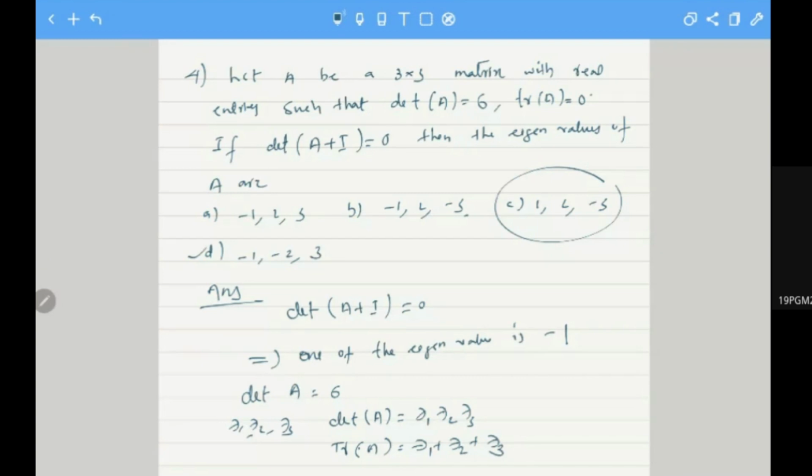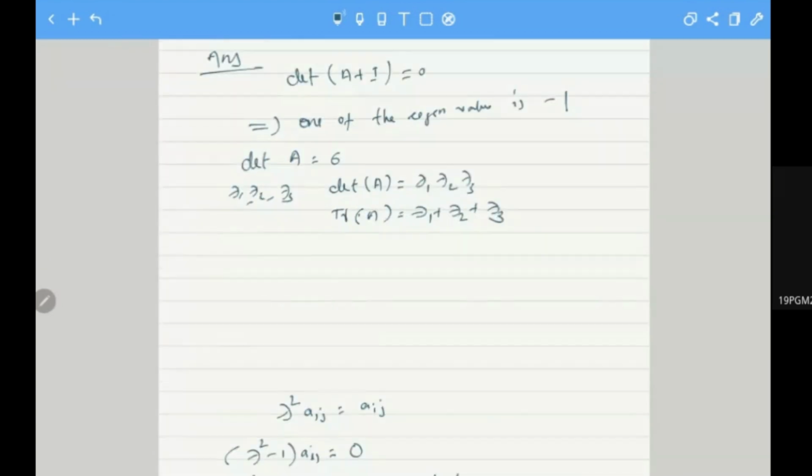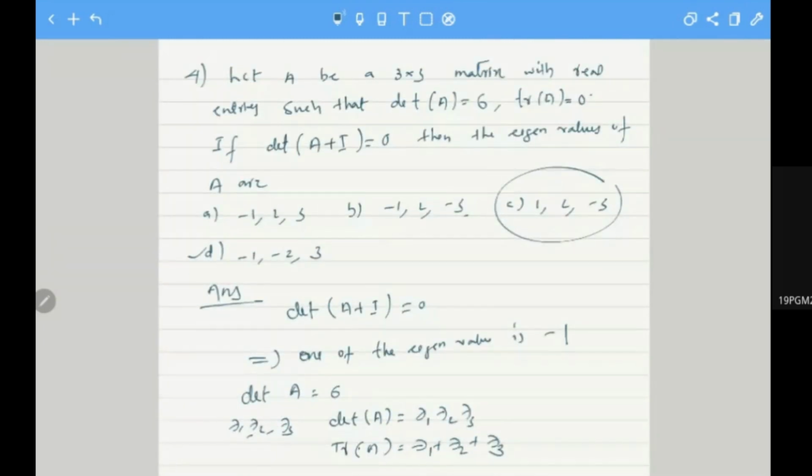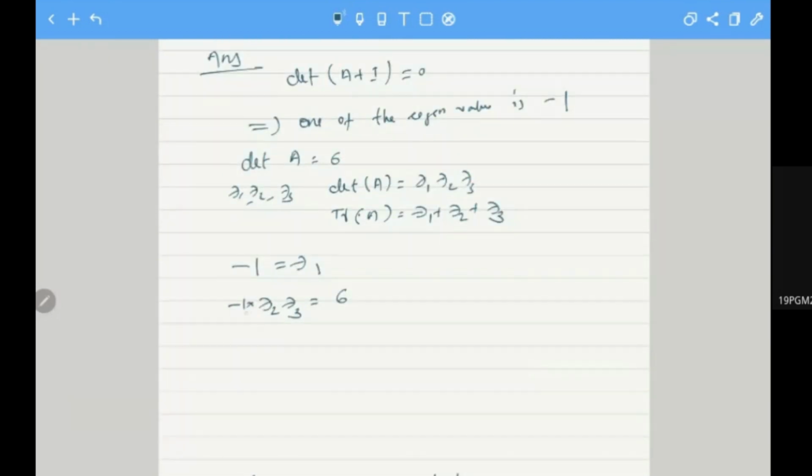This fact we already know. Now we already got that -1 is an eigenvalue, right? So I'm taking that as lambda1. Then lambda2, lambda3 into -1 will be 6, because it is given that determinant of A is 6.